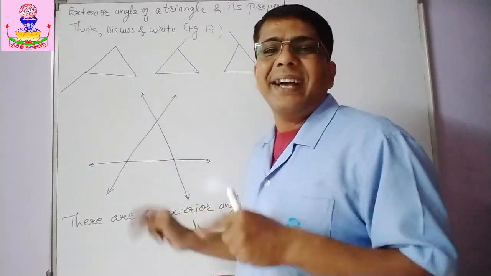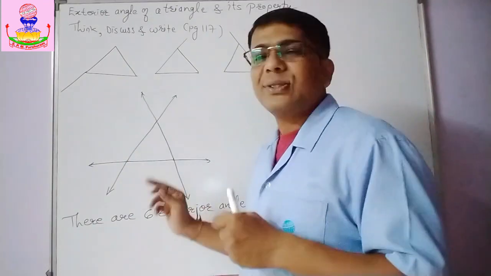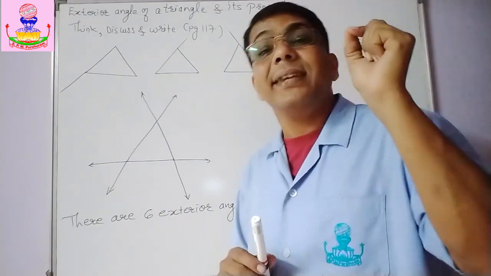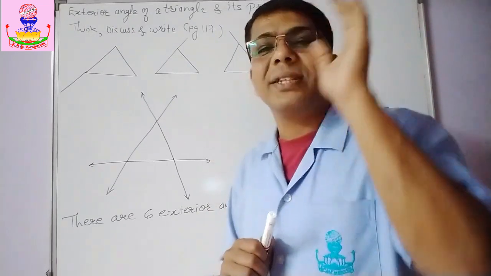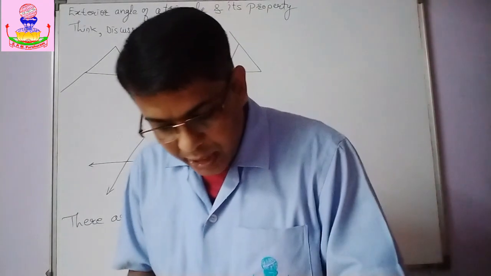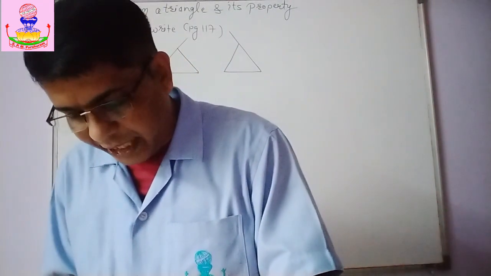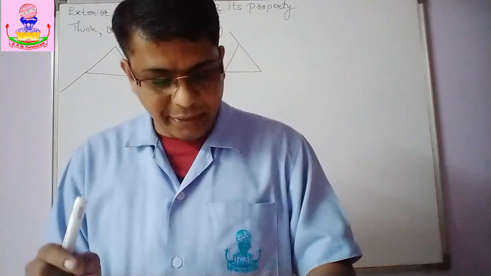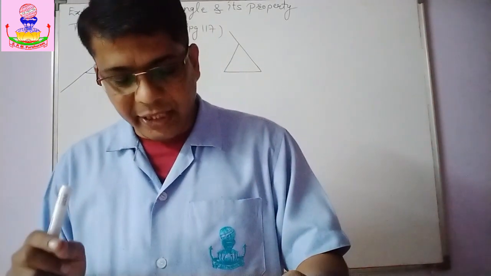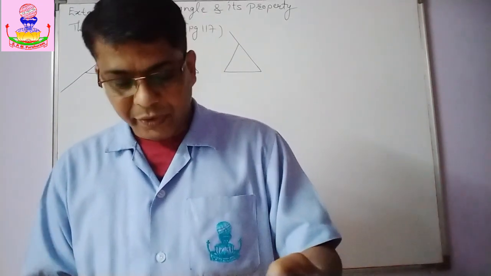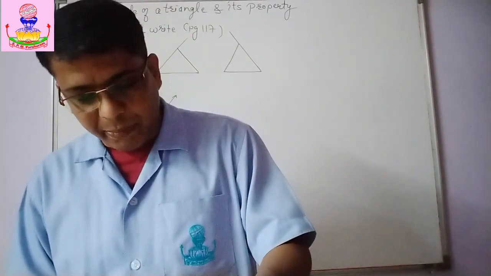And second property, they are vertically opposite angles here again, and so they are going to have equal measures. The exterior angles at each vertex, they are always congruent. That is what our next question is. What it says, are the exterior angles formed at each vertex of a triangle equal? Yes, the exterior angles formed at each vertex of a triangle are always equal.